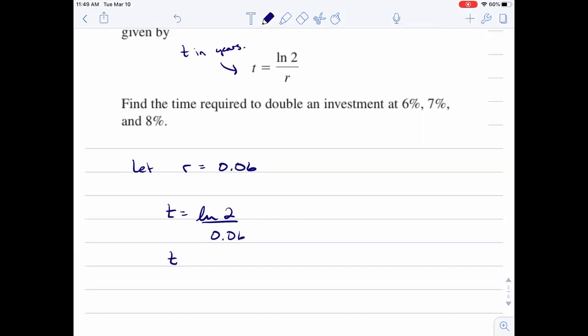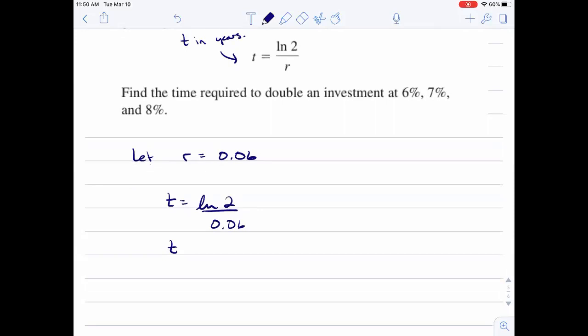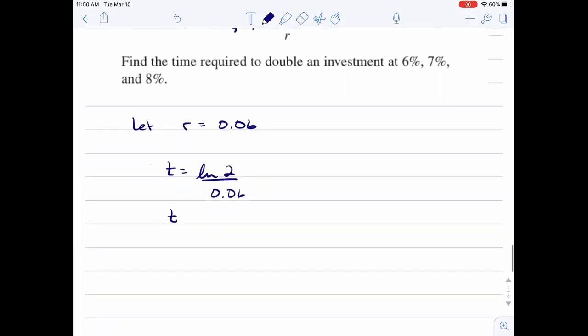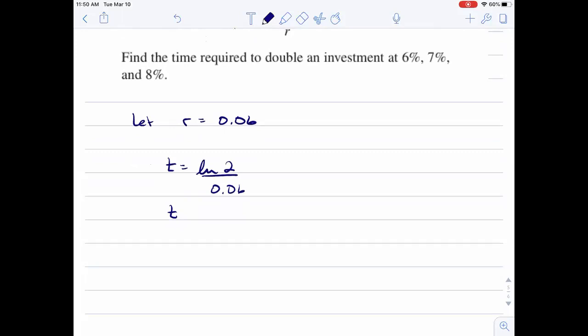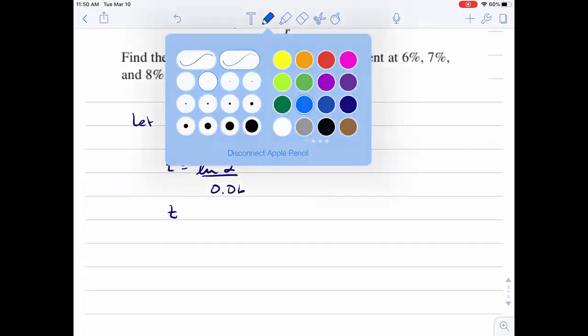Once we take the natural log of 2 and divide it by 0.06, we're only going to get decimal approximations. As soon as we're into decimals, unless we get something nice like 0.5 or 0.128, something clean, we consider decimals approximations.